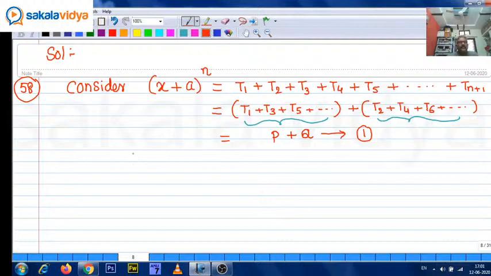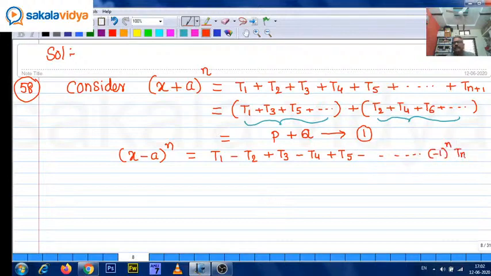Let us write (x - a)^n. It has the same terms as (x + a)^n, they differ only by the sign change. So it is t1 - t2 + t3 - t4 + t5, and so on, up to (-1)^n t(n+1).